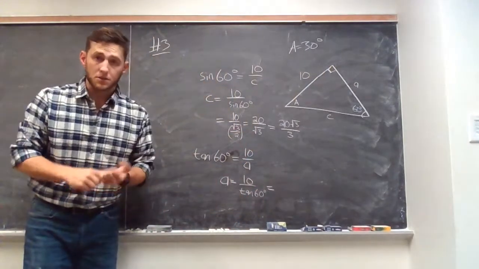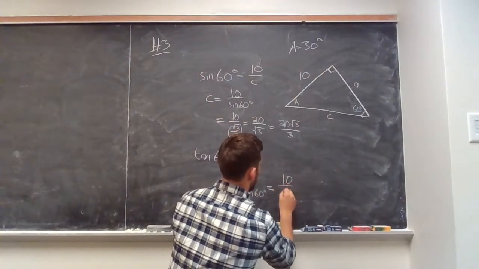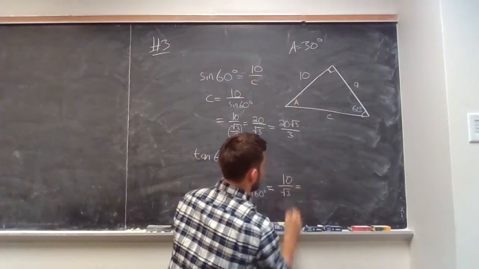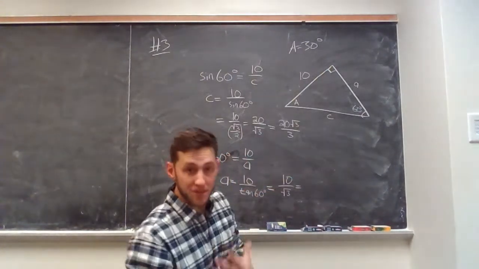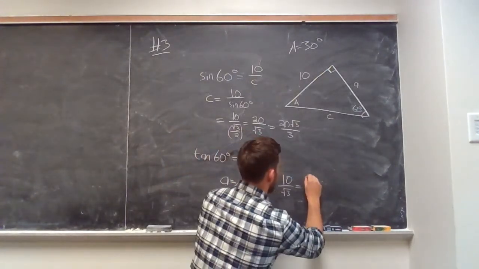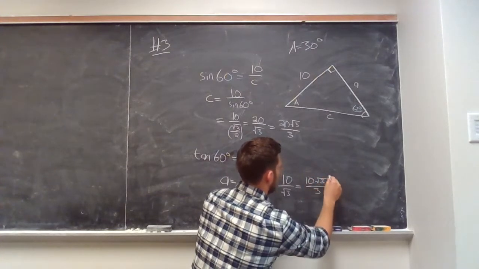Now, tangent of 60 degrees is just square root of 3, so we get 10 divided by square root of 3, which when we rationalize by multiplying on top and bottom by square root of 3, gives me 10 square root of 3 over 3.